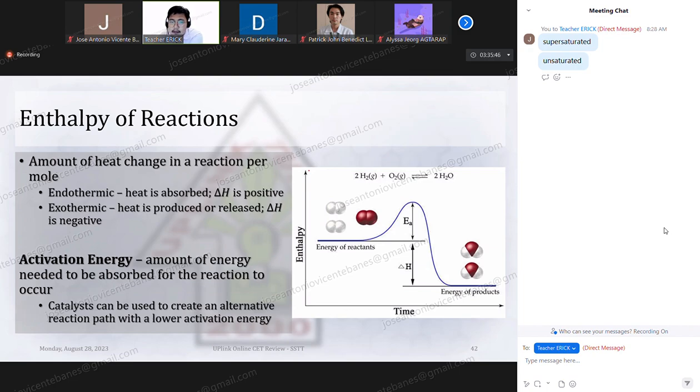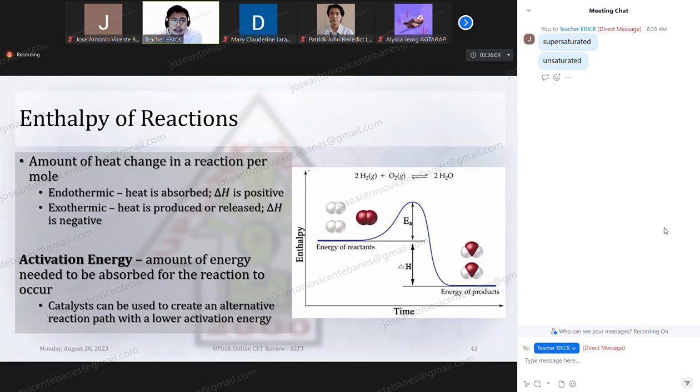But when heat is produced or released, the change in your enthalpy is negative, and that would be your exothermic. So in endothermic, heat must be absorbed and therefore your delta H is positive, and in exothermic, heat is produced or released, then your change in enthalpy is negative.